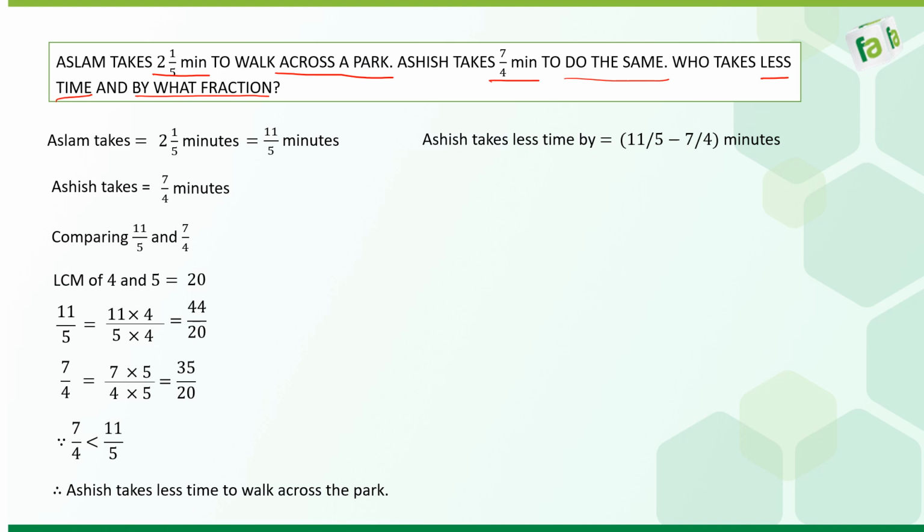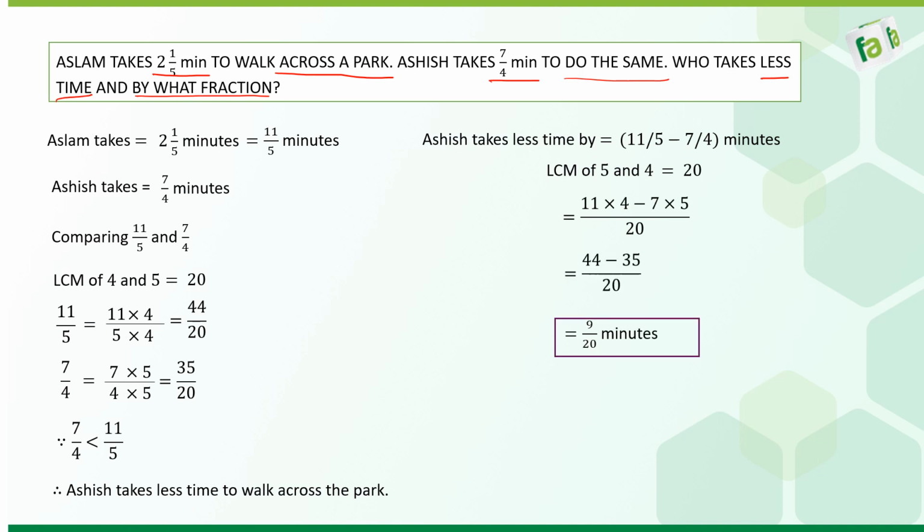We will follow the same procedure for the fractions. We will take the LCM of the denominators 5 and 4, which is equal to 20. Then by further solving it, we will get 9 by 20 minutes. Therefore, Ashish takes 9 by 20 minutes less to walk across the park.